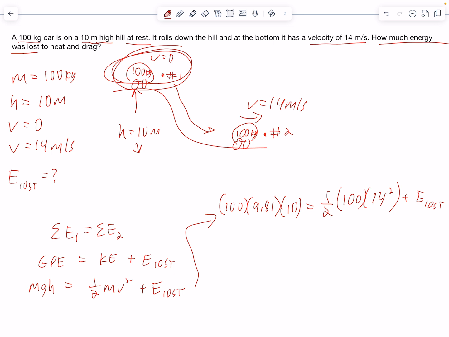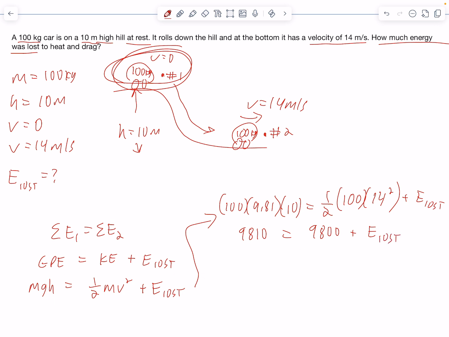The first one, I would have 9.81 times 10 times 100 is 9810. And on this side, I have 14 squared times 100 times a half, and I have 9,800 plus E lost.